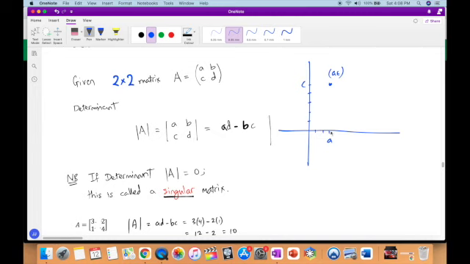So I'm going to have B here and D here. So that is point BD. And look at what I have. I have A times D, so A times D is this area here, minus B times C, which is that larger area there. So you can see that the determinant has something to do with area.